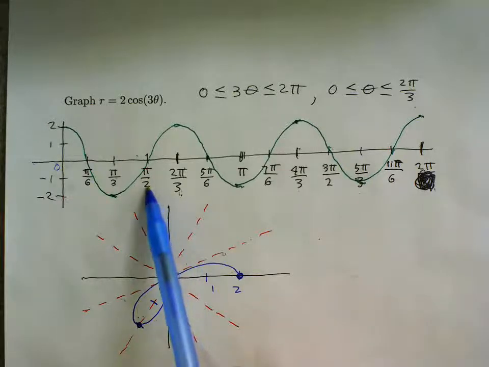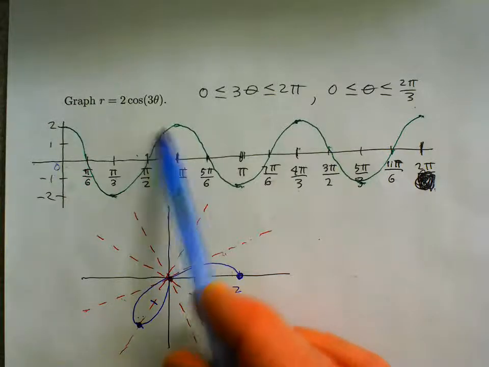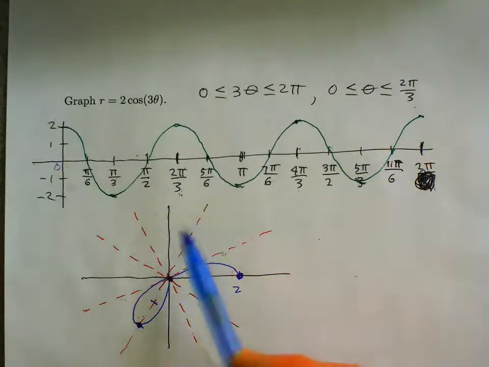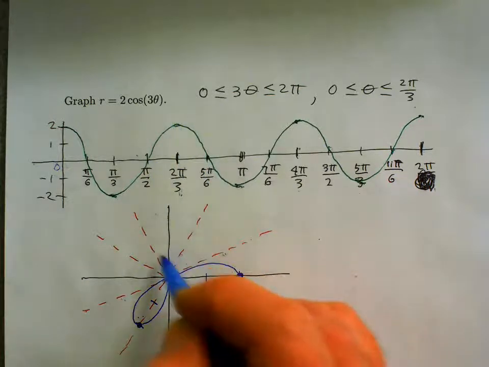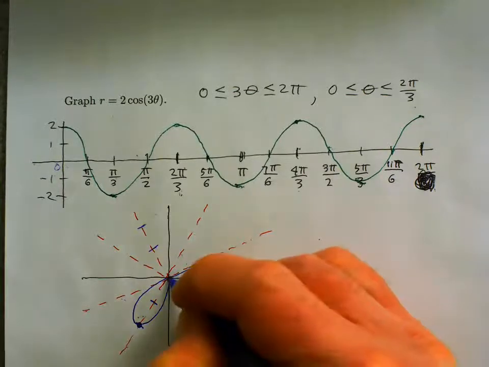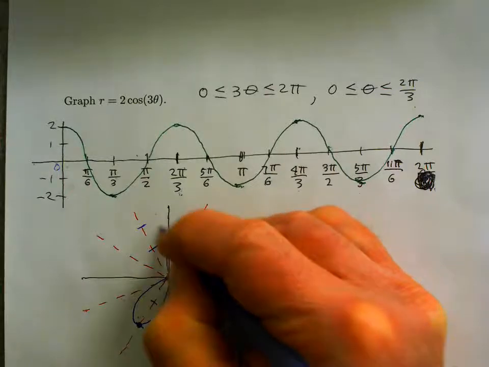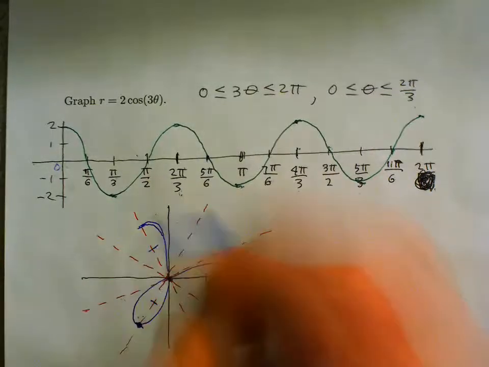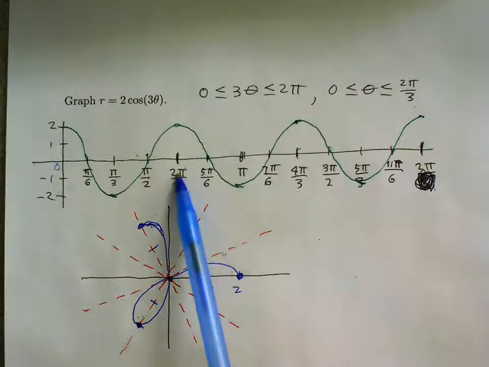Between pi/2 and 2pi/3, that's this sector up here, the R values are positive again, and they go from 0 to 2. So the loop is going to end up at this point by the time it reaches 2pi/3.